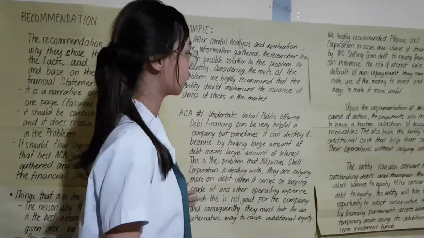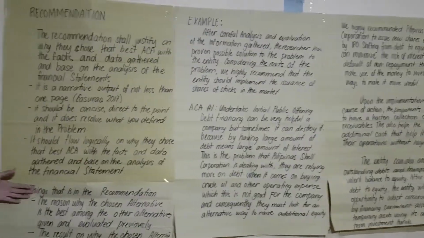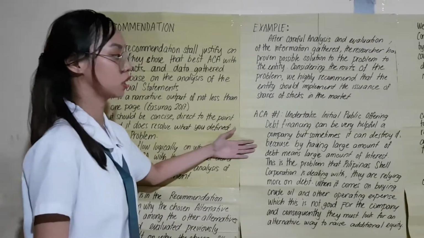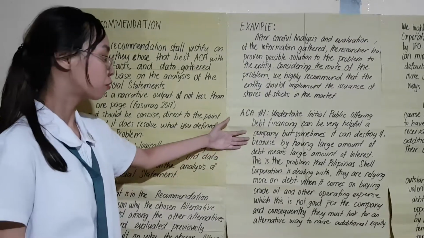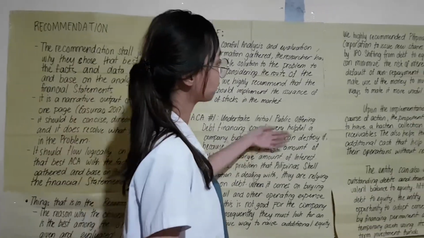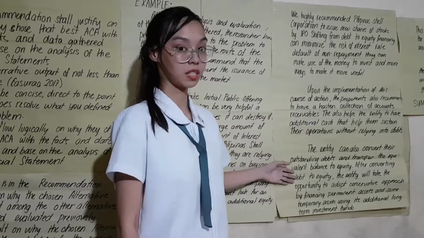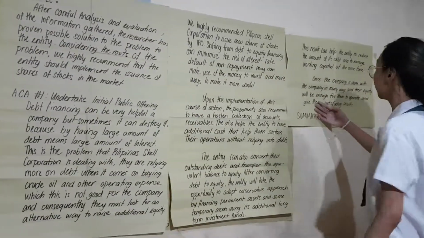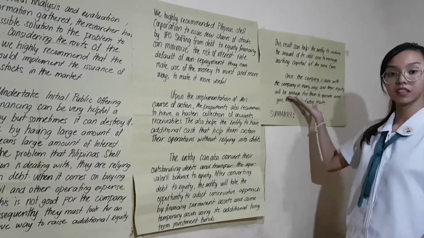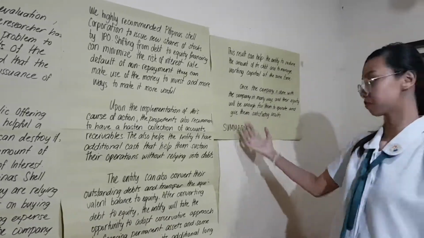As you can see in this recommendation, most of the things that I said in the recommendation that I researched were already included, from the benefits and the opportunities that they can get, and the problems that can be solved. On the last one, it shows how the company could benefit in implementing that alternative.